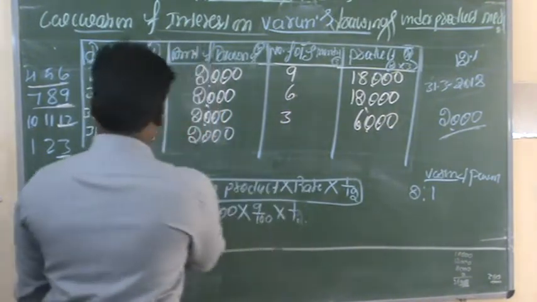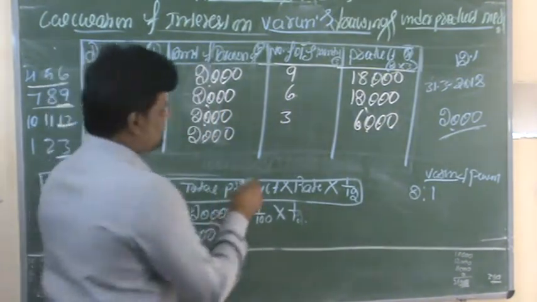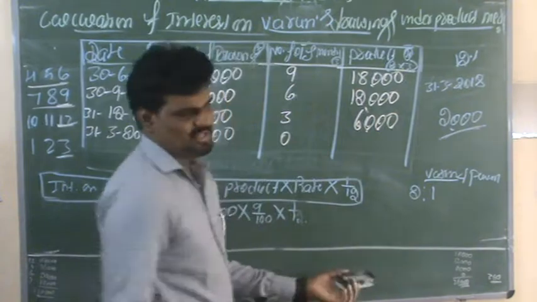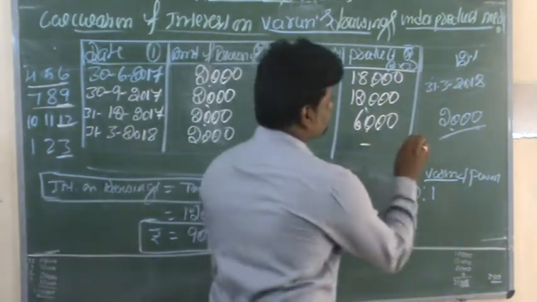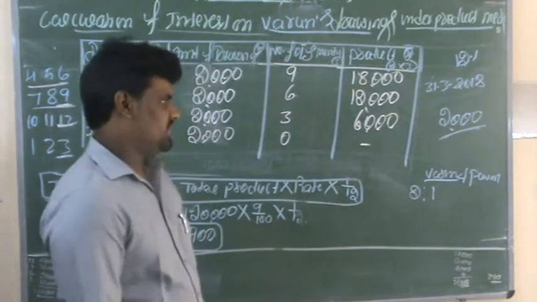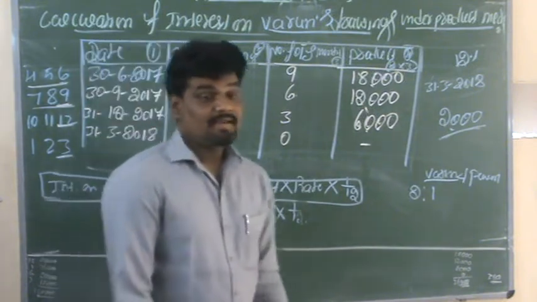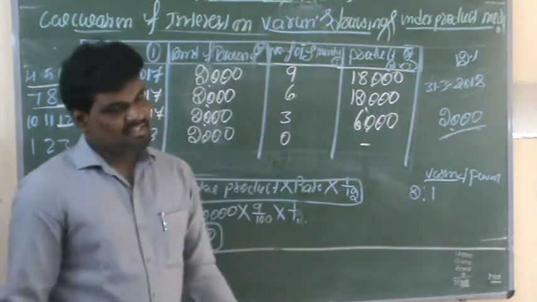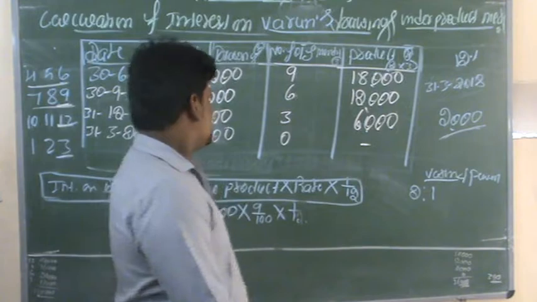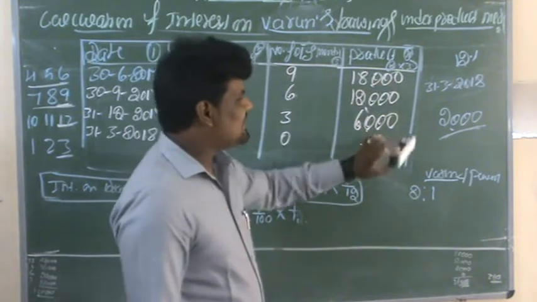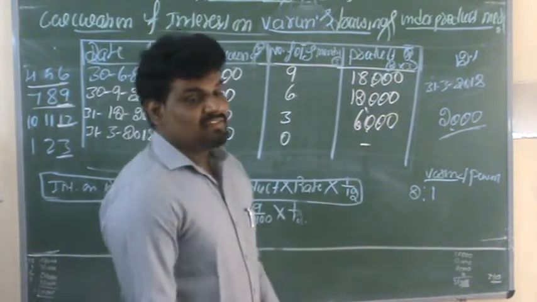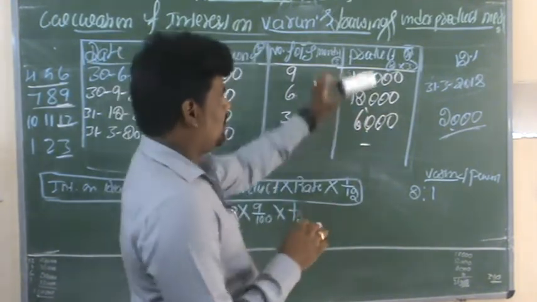So from 31st March to the end, there is no outstanding period. Just take 0 and nil, a small hyphen or nil. So these are the different ways of calculation when the partners withdraw at the end of each quarterly. After completing these necessary things, finally we need to make the total product.